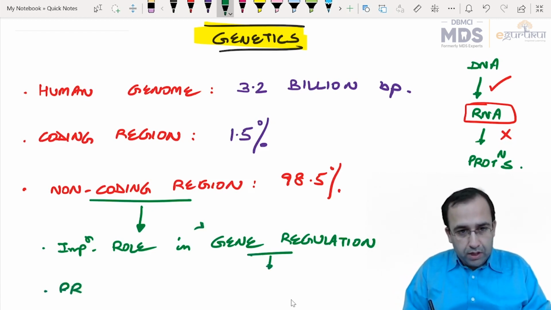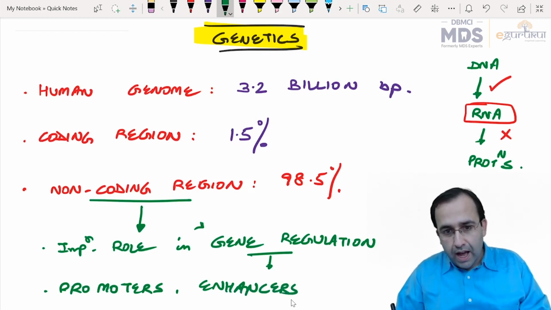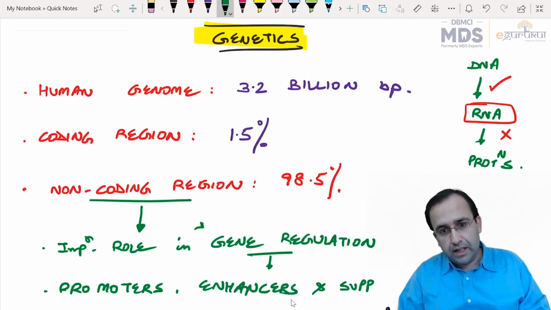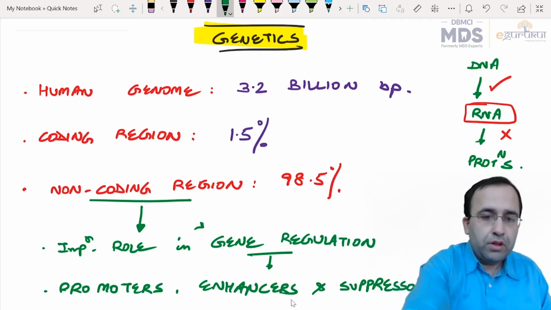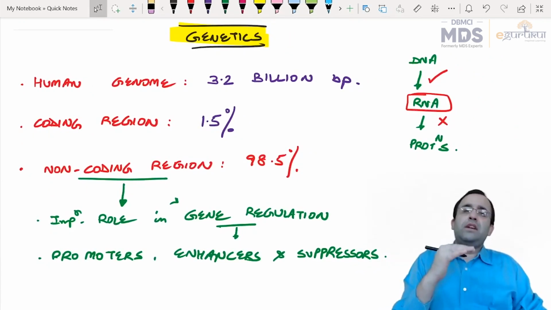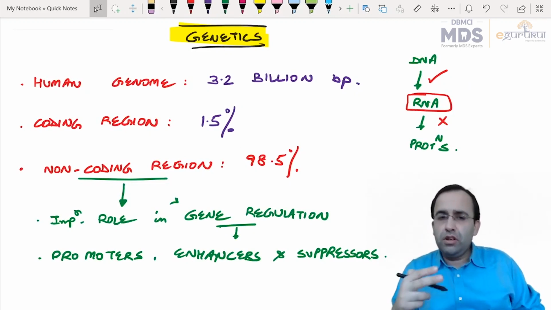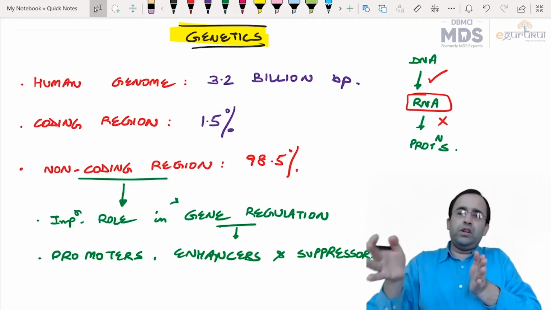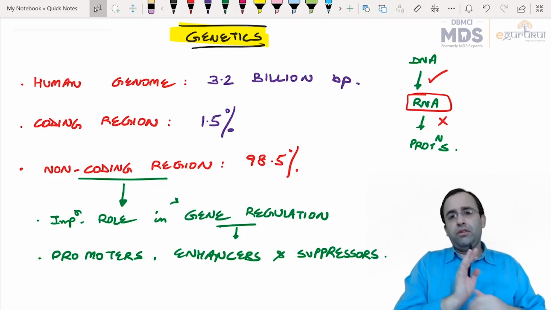All your promoters, enhancers, and suppressors are seen in the non-coding region. It regulates the genes.